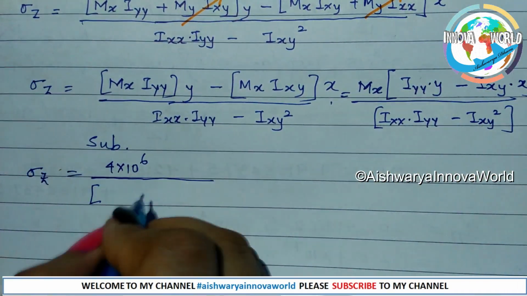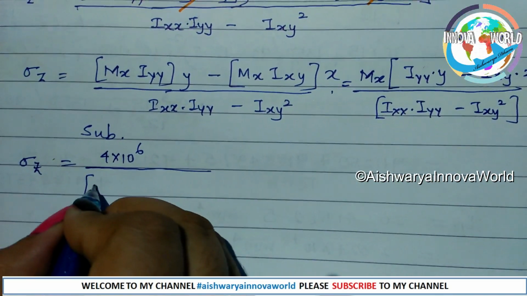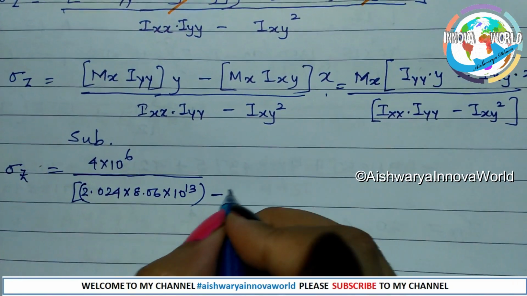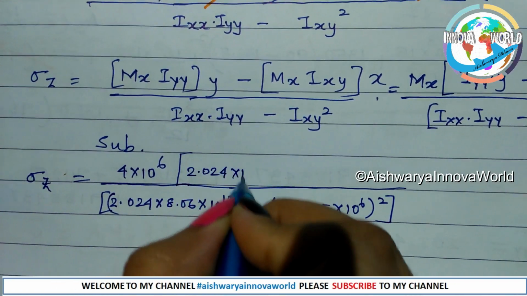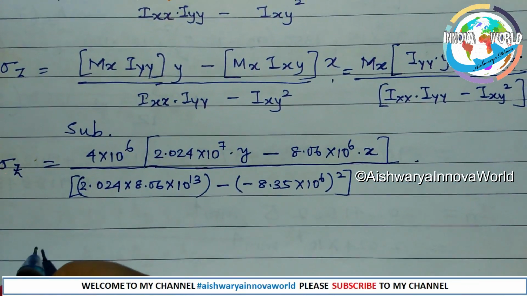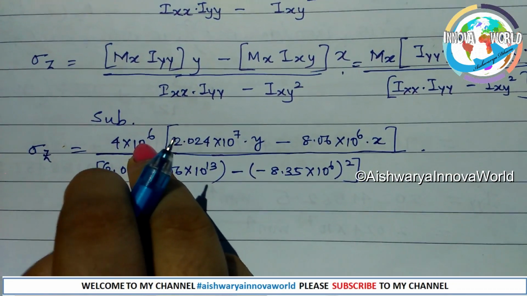Multiply both, simplify this term and this term, then multiply it.